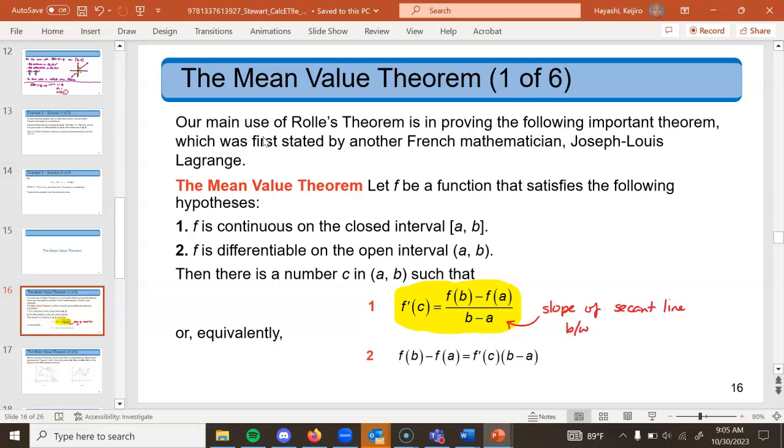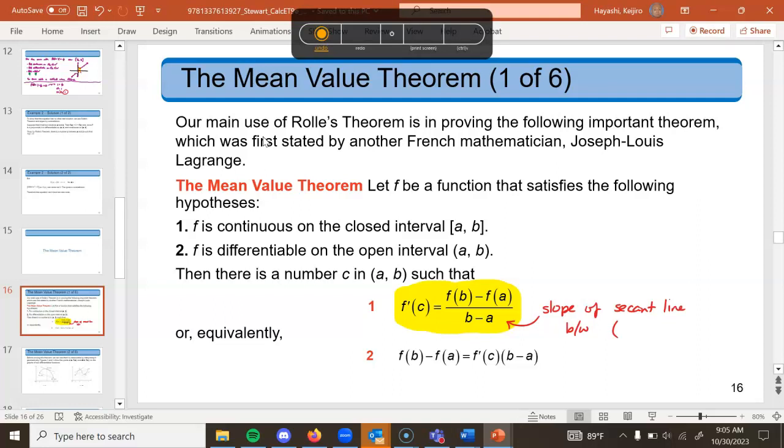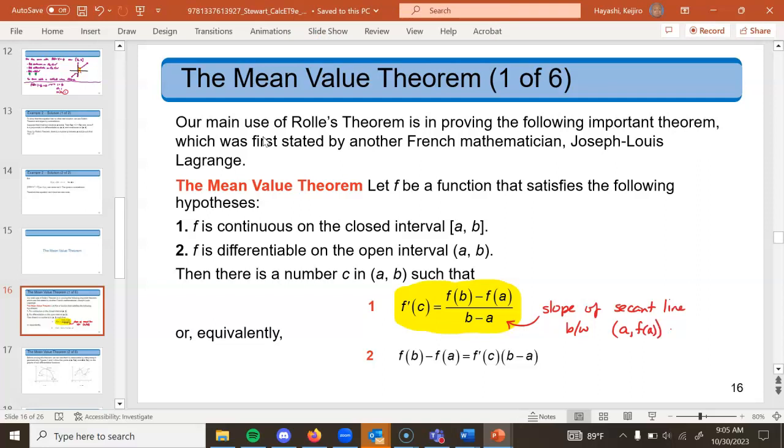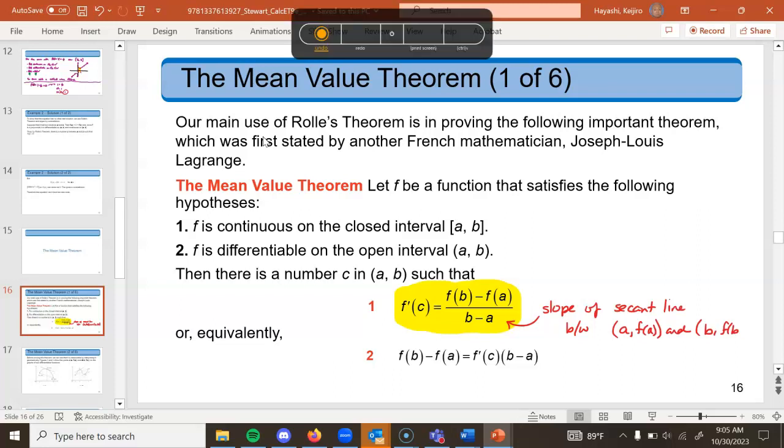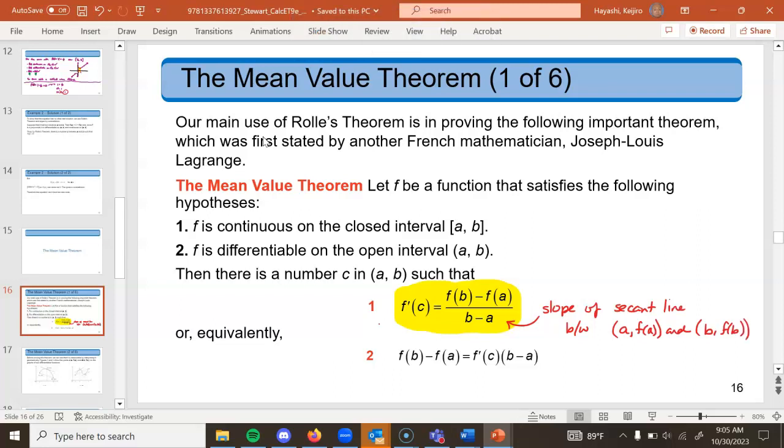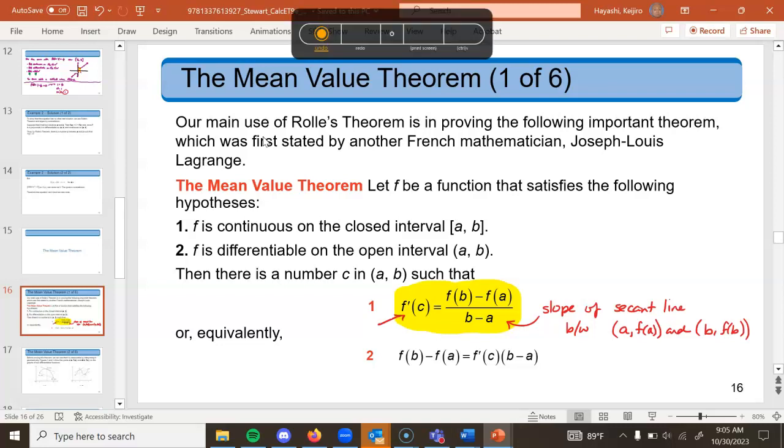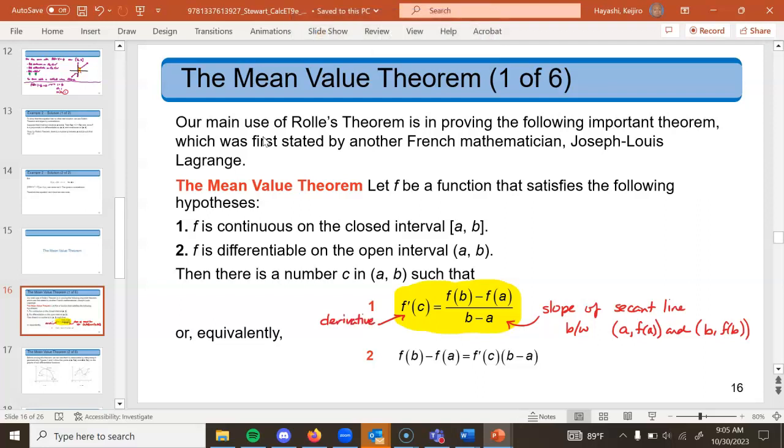So this is the slope of the secant line between the two points A comma f of A and B comma f of B. And this is just going to be the derivative at some C that's inside A to B. That's guaranteed to happen.